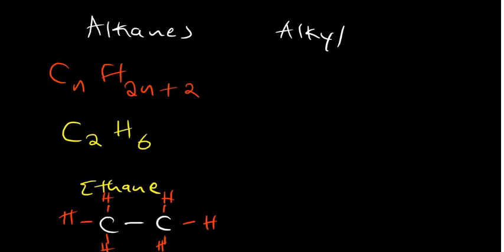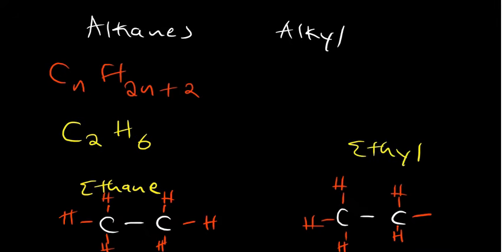Now in a case where I draw it this way and then add hydrogens there, and then I leave one open, the name changes. It now becomes an ethyl and no longer an alkane because of one less hydrogen we have.